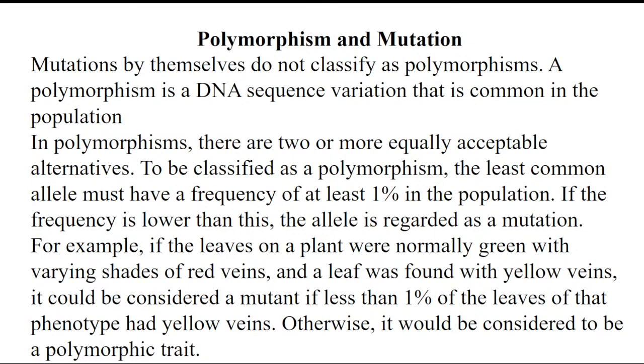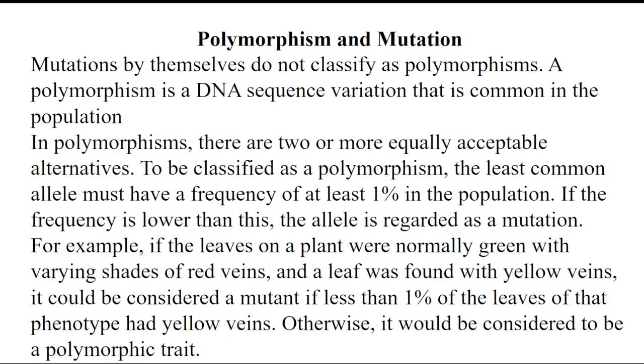So students, we call the mutation a genetic polymorphism if the frequency of this mutation is more than 1% in the population. If the frequency is less than 1%, we call these changes of DNA rare mutations.